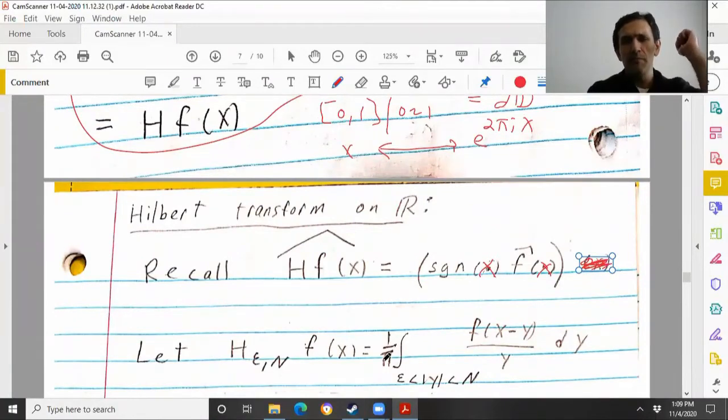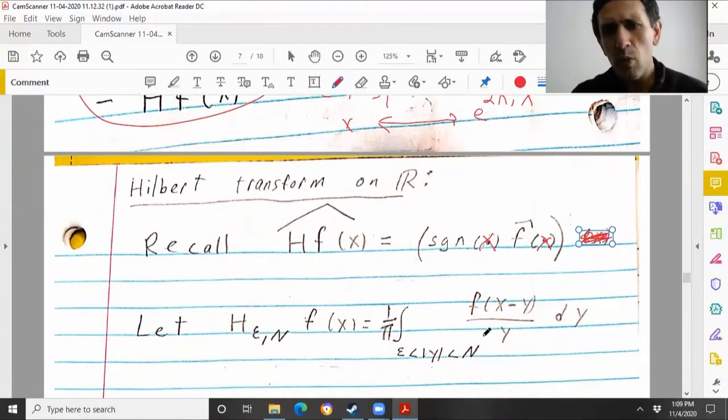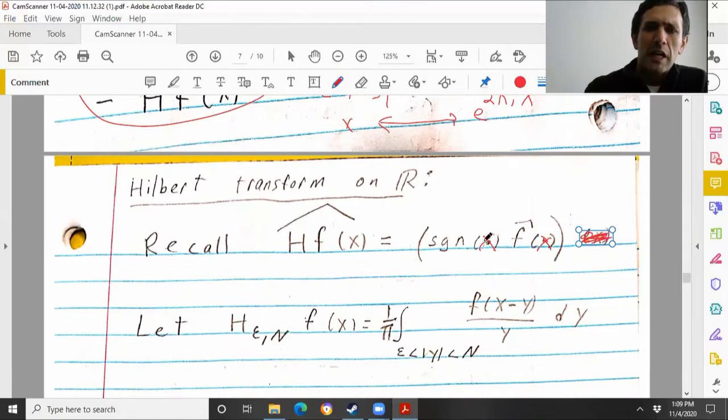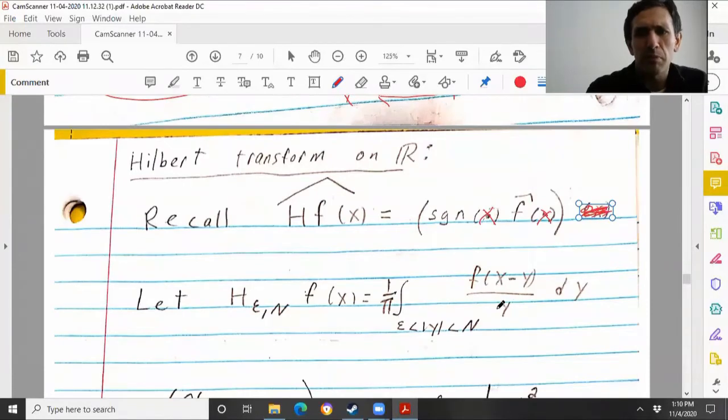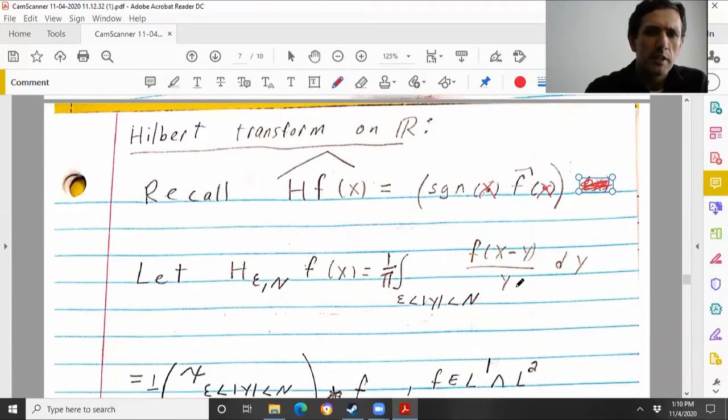Okay, and the reason why we're doing this is, the claim is that when I take the Fourier transform, I'm almost going to get the sine function. And particularly when I let epsilon go to 0 and let n go to infinity, I'm basically going to get f hat of x sine x. Okay? And it's kind of remarkable that the simple convolution does the trick.